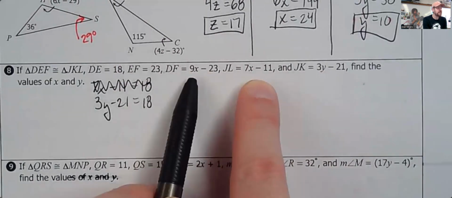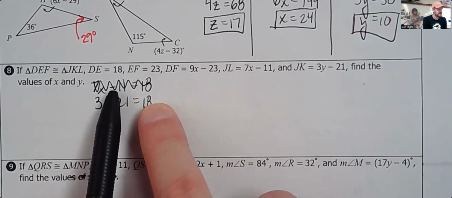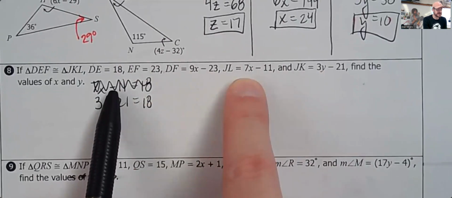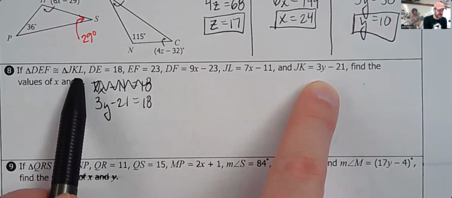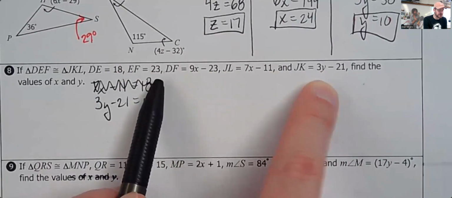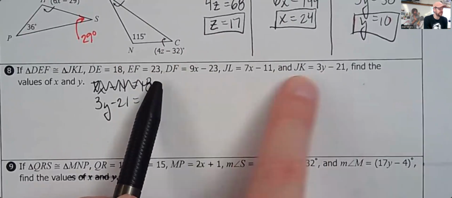Do those match up? I wrote the wrong thing on the left. I accidentally wrote JLs instead of JKs, so I just scratched it out. So EF matches with KL. EF is 23, but we don't have KL over here, so we can't write an equation for that because there's nothing to match up over here.